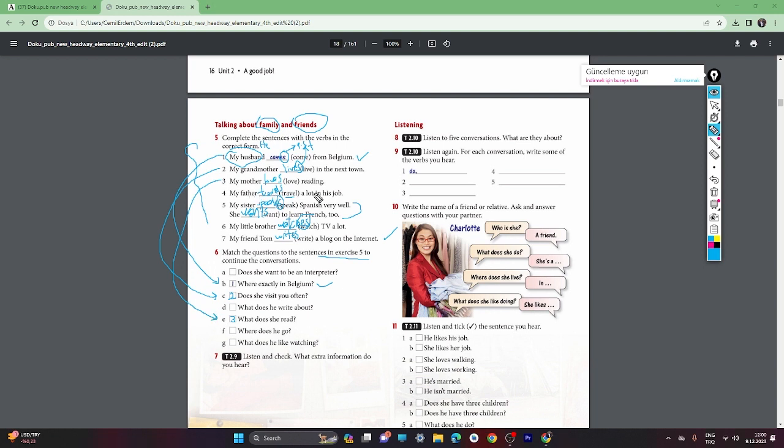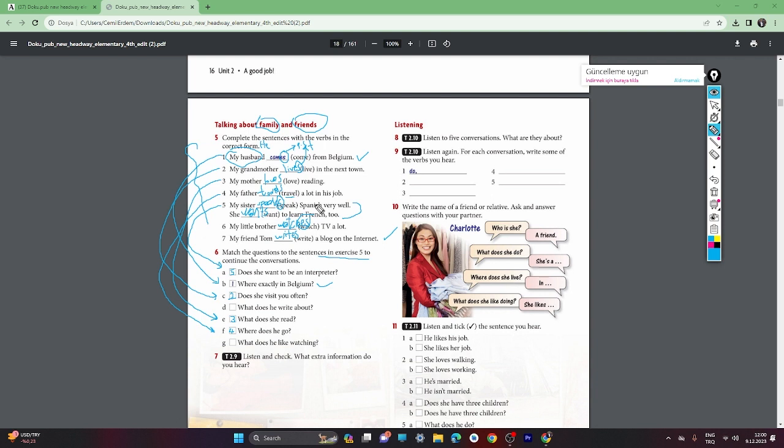My father travels a lot in his job. Where does he go? Okay, this is the fourth. And then my sister speaks Spanish very well. She wants to learn French too. So, does she want to be an interpreter? This is the fifth one.